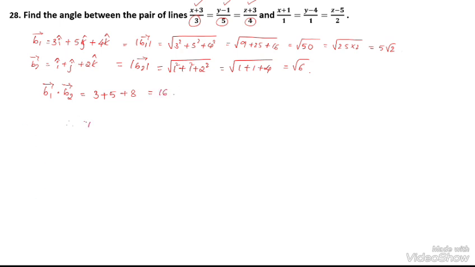Therefore, the angle between the pair of lines is given by cos theta is equal to magnitude of the vector of the first line dot vector of the second line divided by magnitude of the vector of the first line into magnitude of the second line.